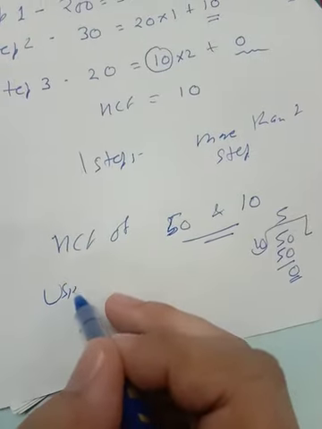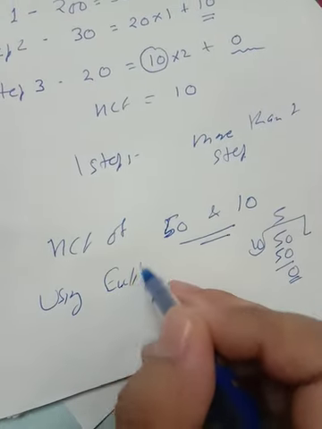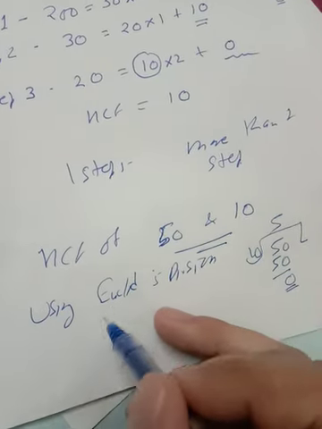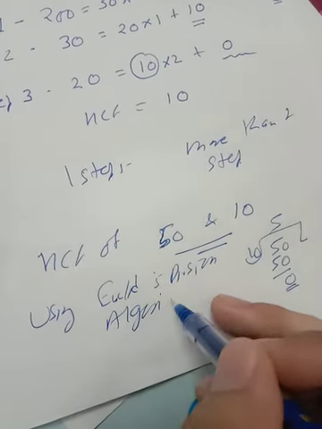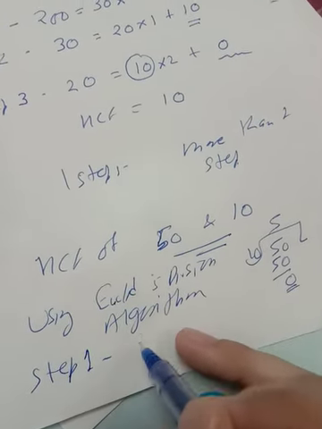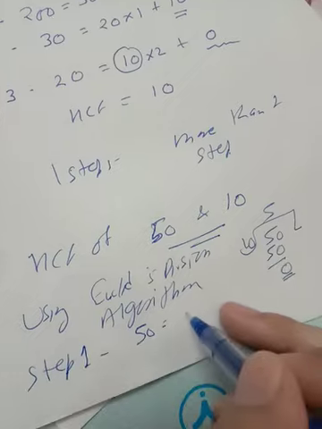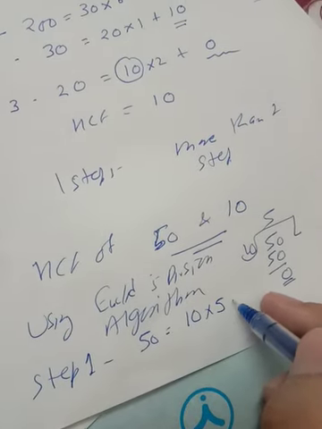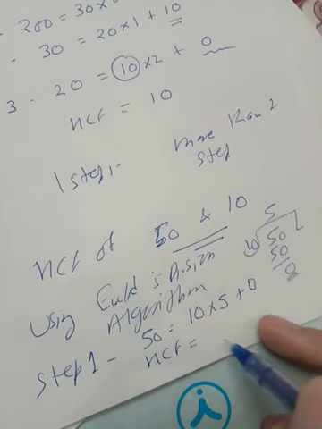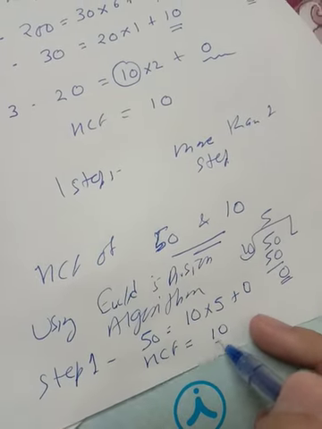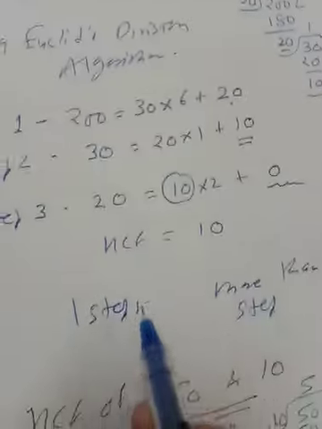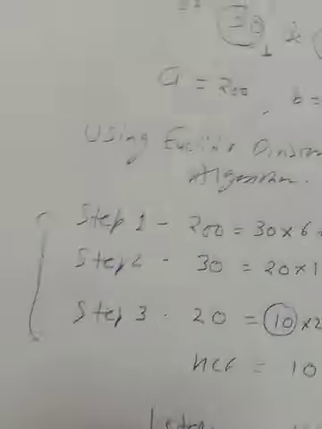So using Euclid's division algorithm, only in a single step you will get your answer. 50 can be written as 10 into 5 plus remainder 0. So your HCF in this case is 10. The number of steps depends on the two numbers.